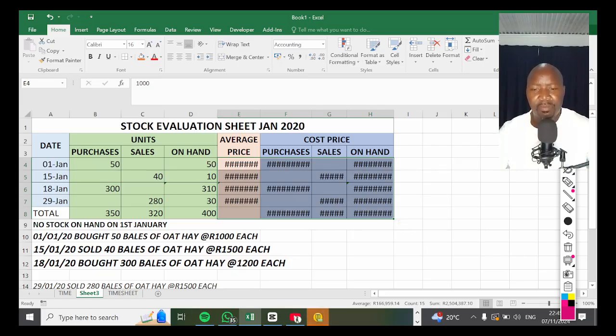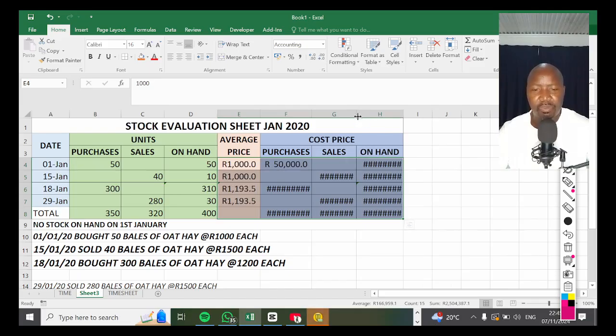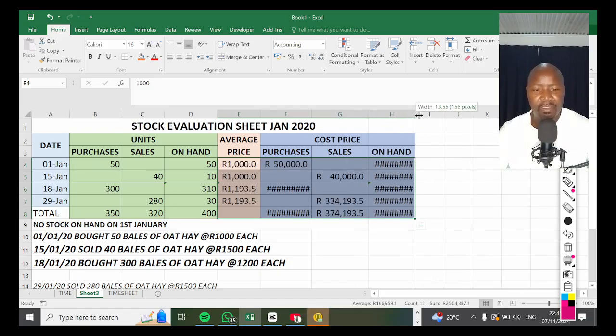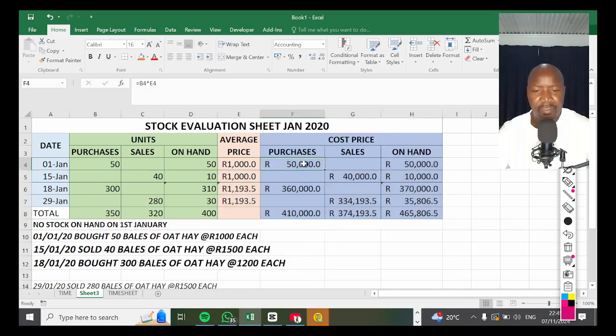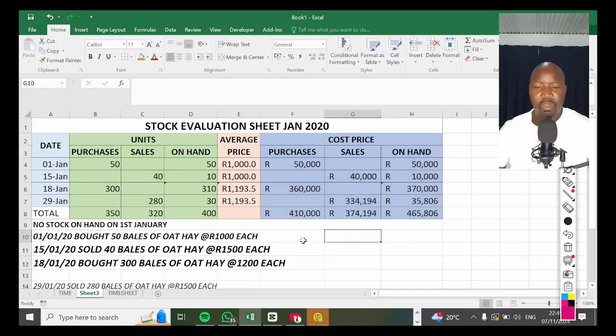And I'm going to reduce the decimals because it tells me that my space is not enough because I've put the currency. When you see the hashtags, you must know your space is not enough. Just adjust it a little bit. And then if they say they don't want decimals, remove all the decimals. Then you're done with this question.